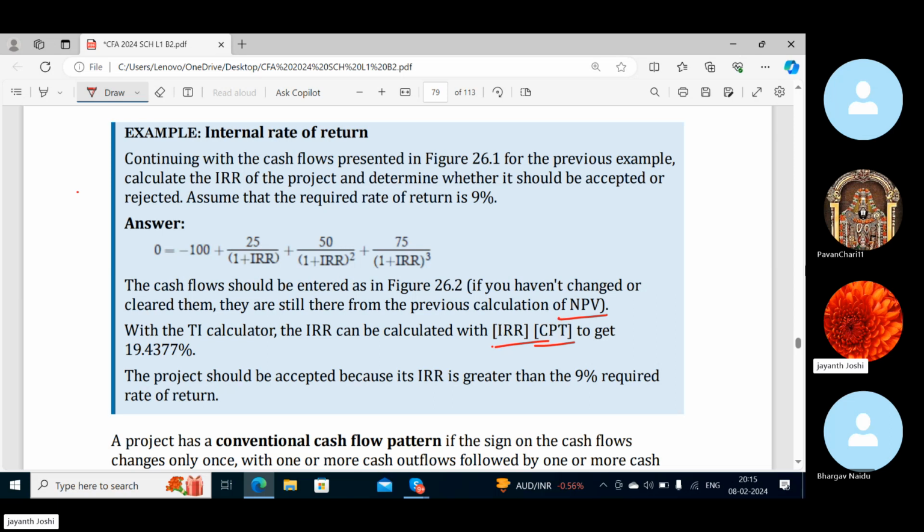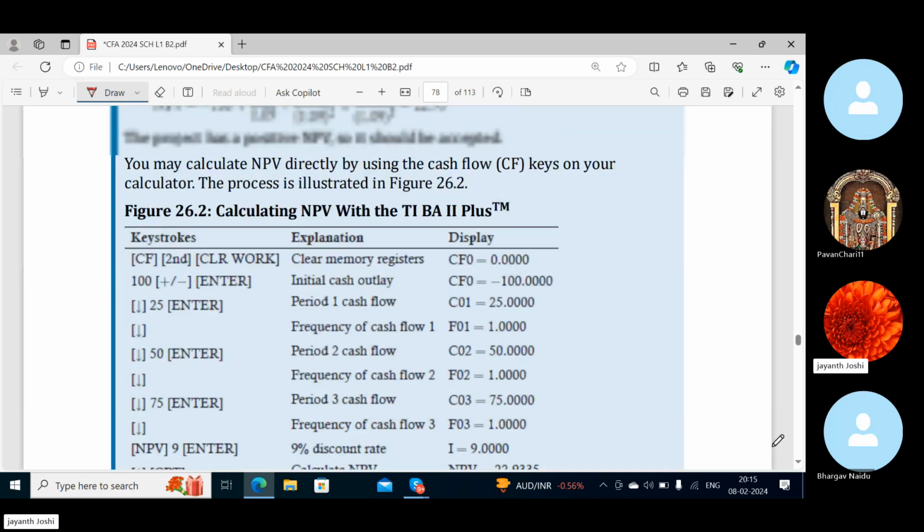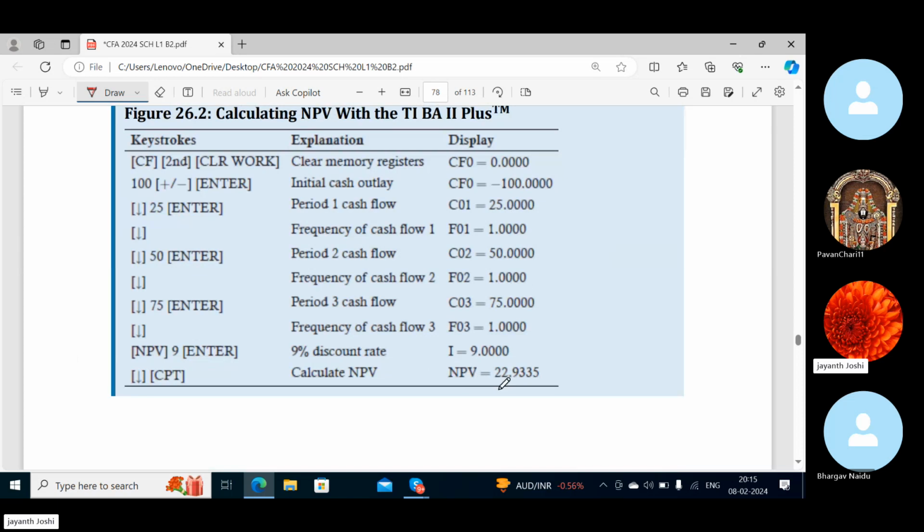So take your calculator, and yesterday you closed it till here, right? Again follow this function and get this NPV fast. I'm asking you right now to get this NPV on your calculators fast, and report to me after calculating.